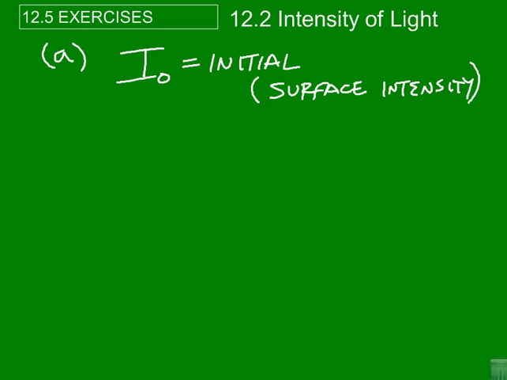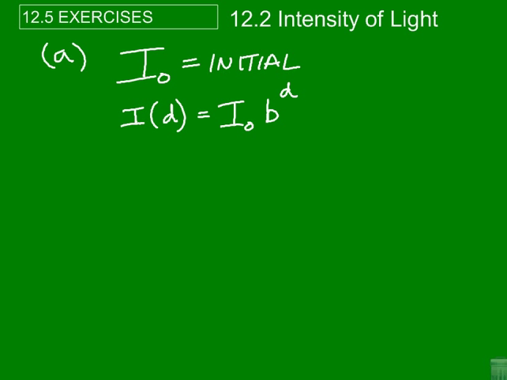So that's a nice thing to have right there. We're going to set up a standard exponential function. So the intensity, which is related to the depth, is going to be the initial intensity times some base b raised to the depth.